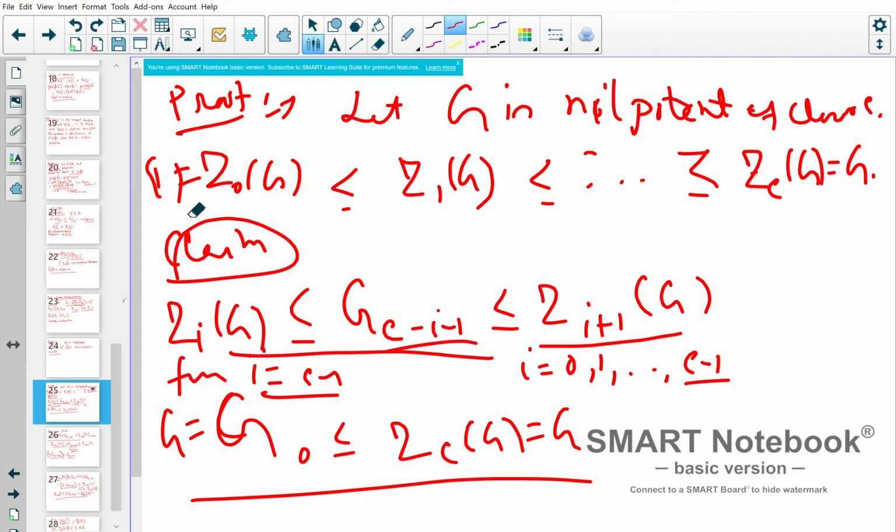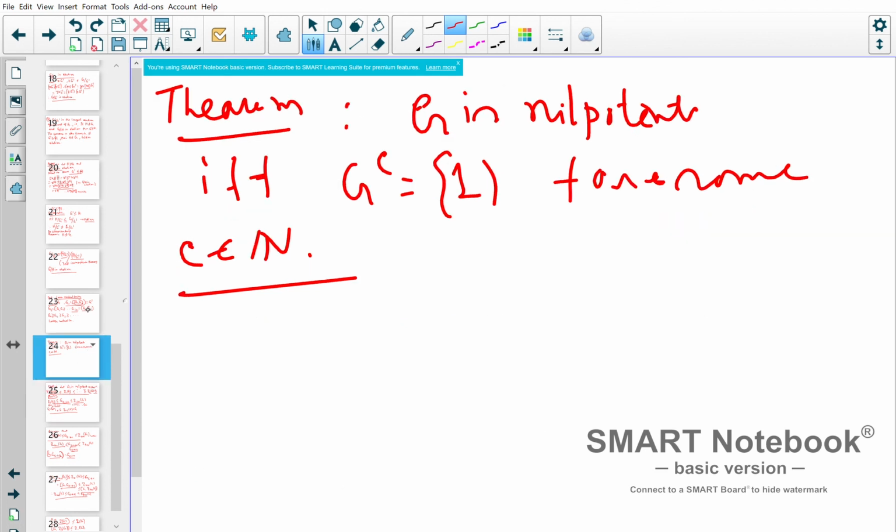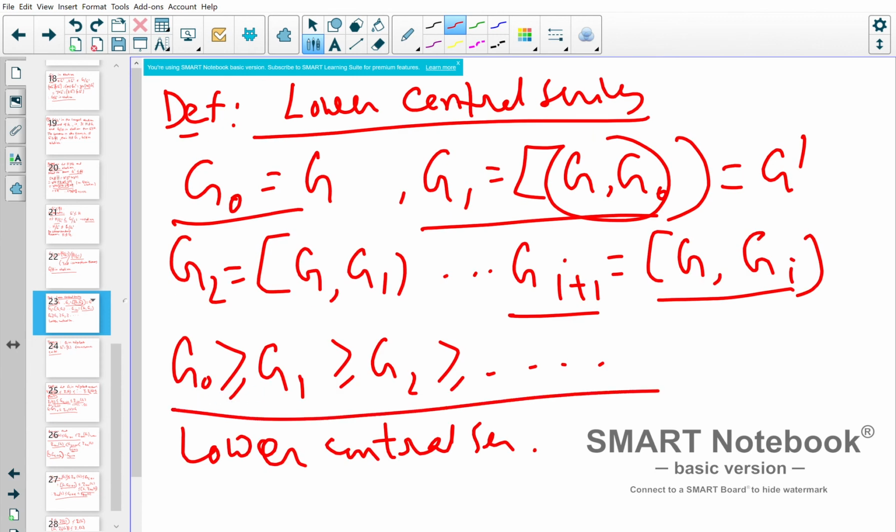If the upper central series terminates in the Cth place, then the lower central series, which I defined earlier, also terminates, because between any two terms of the upper central series you have an element of the lower central series sitting there. Similarly, the opposite: between any two lower central series terms, one term of the upper central series is there. So if one series terminates, the other also terminates, and hence they are equivalent.